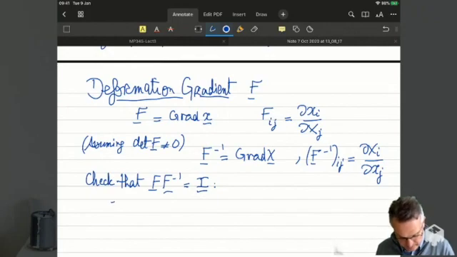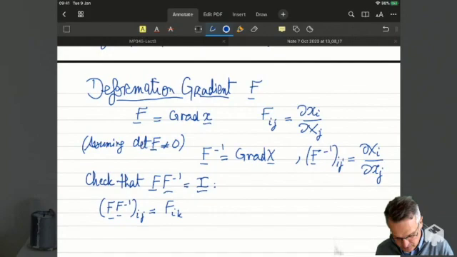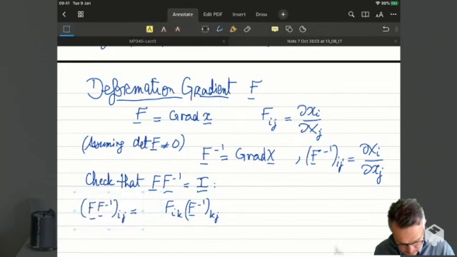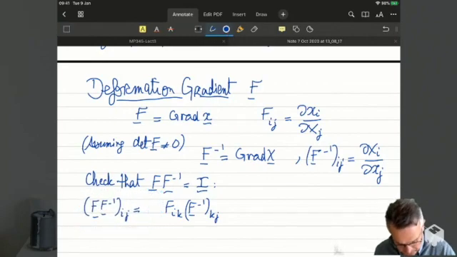So F minus 1, that's the product of two tensors. So we did that earlier. F minus 1, kj. Oh, I forgot to write the sums. Sorry about that.